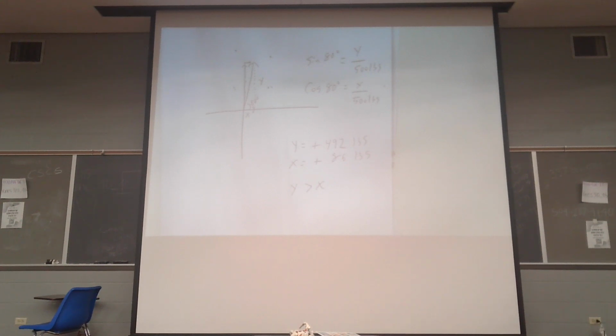So in both cases, I push down. True or false? True. I know where you want to go, but I don't want you to go there yet. In both cases, I push down. But in the first case, I did this: down and to his right.